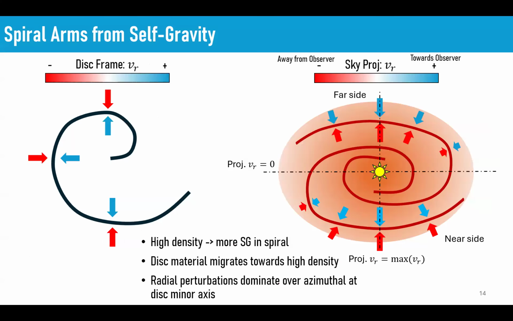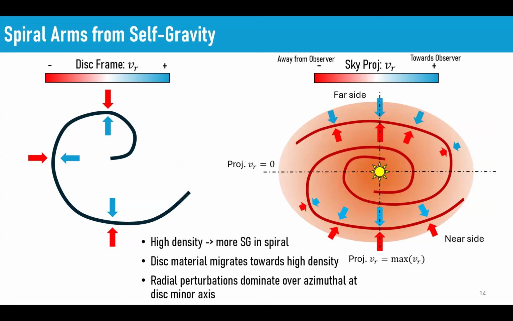Their interpretation of this is that this disk is gravitationally unstable, and in a gravitationally unstable disk with spiral arms, the spiral arms have more mass, and so the potential is deeper, and the material surrounding the spiral arms wants to fall into that potential, and it does so mostly in a radial fashion.